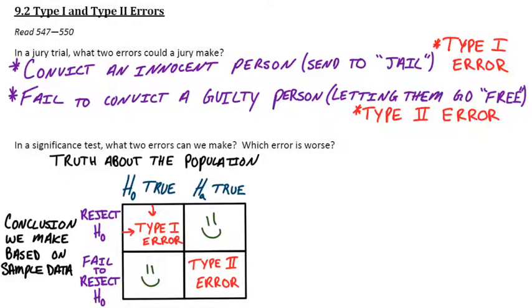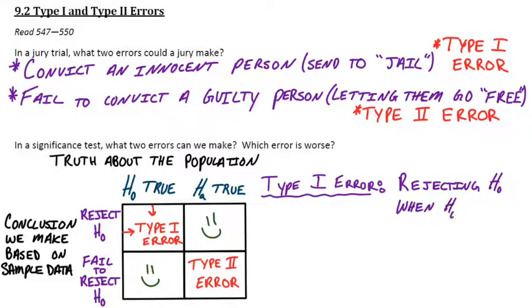So as far as the errors go, there's two of them. We call one type 1, one a type 2. A type 1 error happens when we reject the null hypothesis, when in reality the null hypothesis is actually true, right? So that's the wrong decision. And as far as the jury goes, that's the equivalent of sending an innocent person to jail.